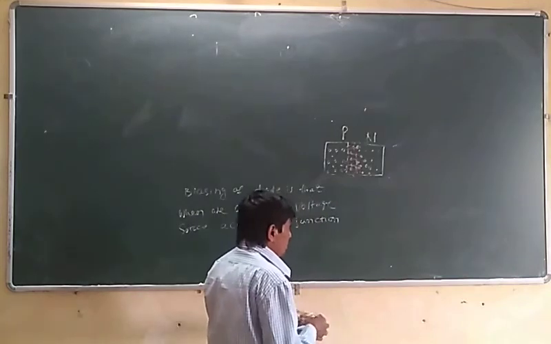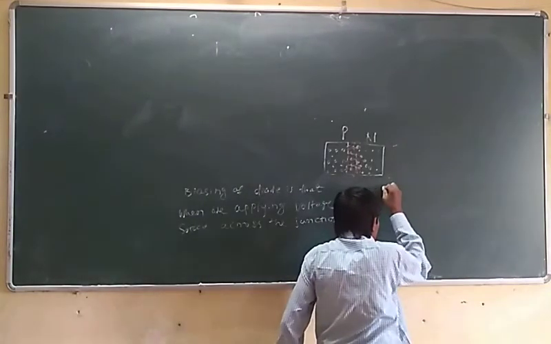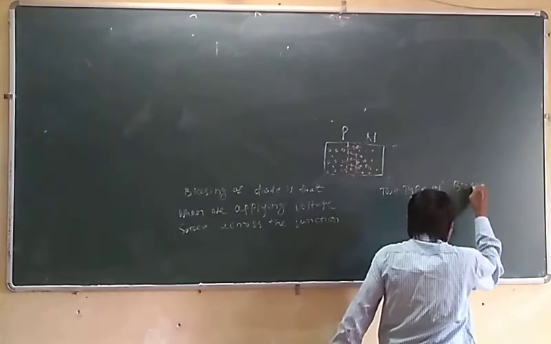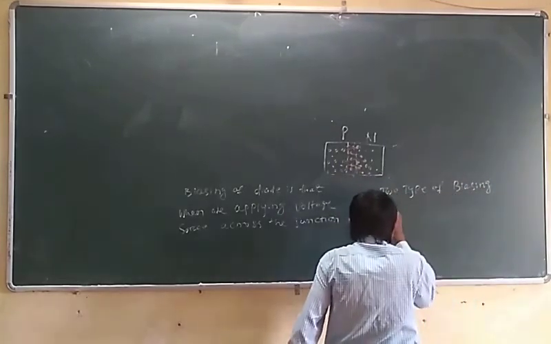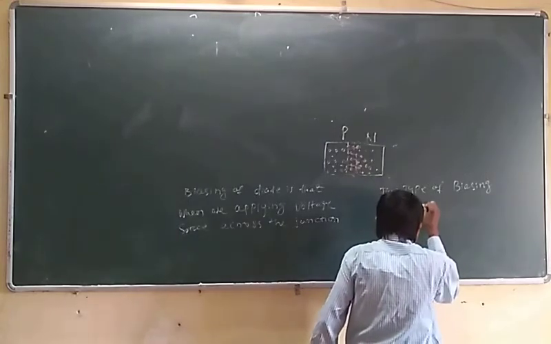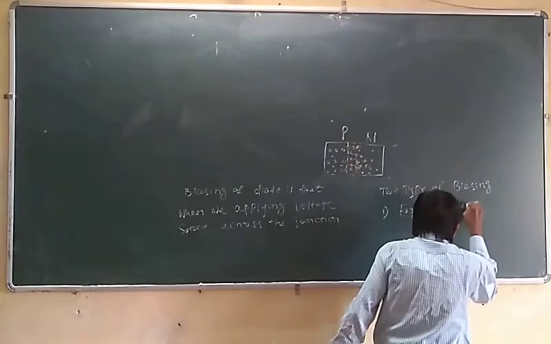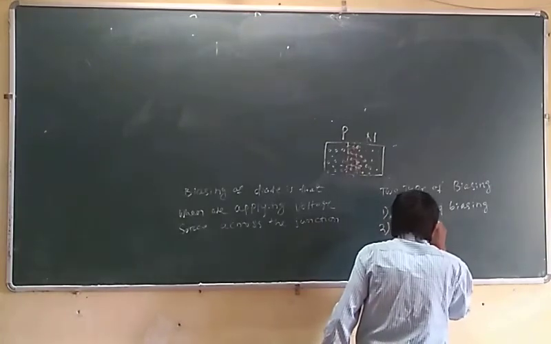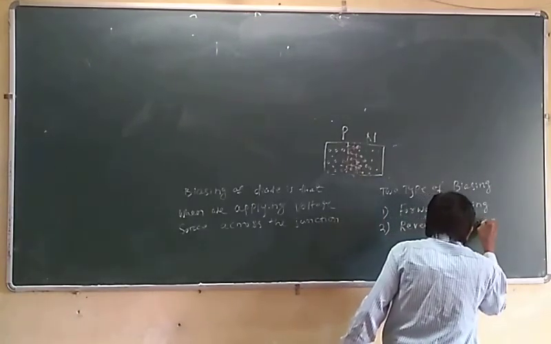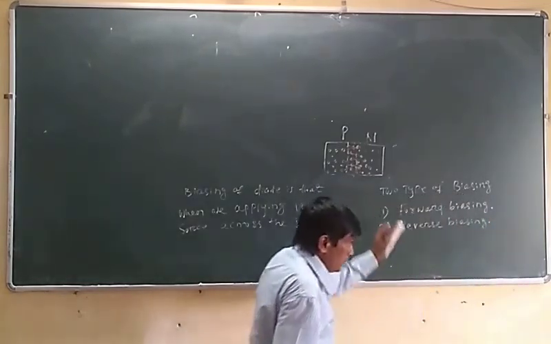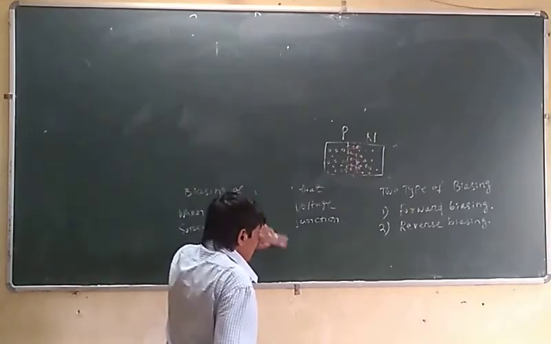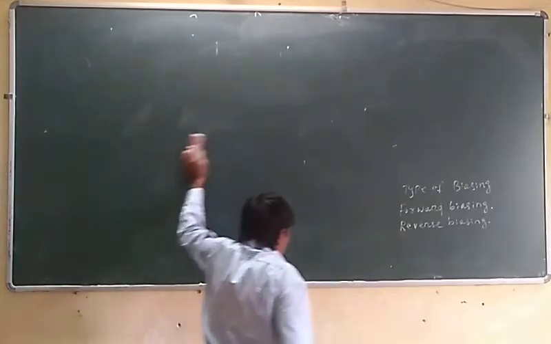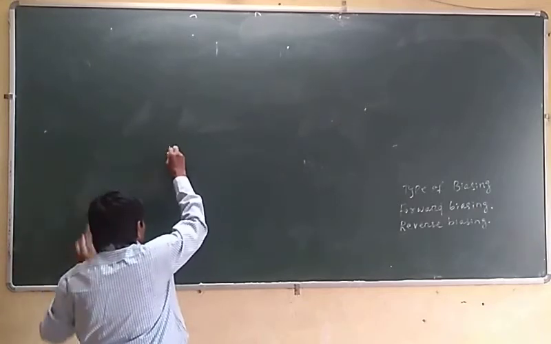Biasing is of two types: one, forward biasing, and then reverse biasing. Now we start with forward biasing.